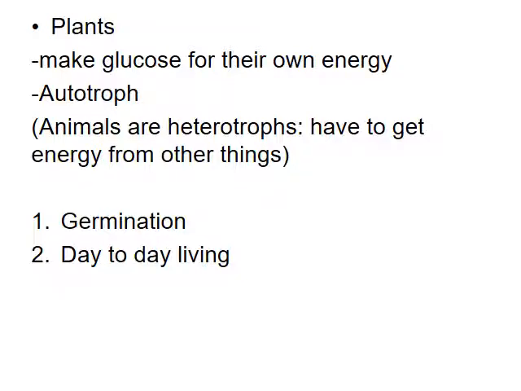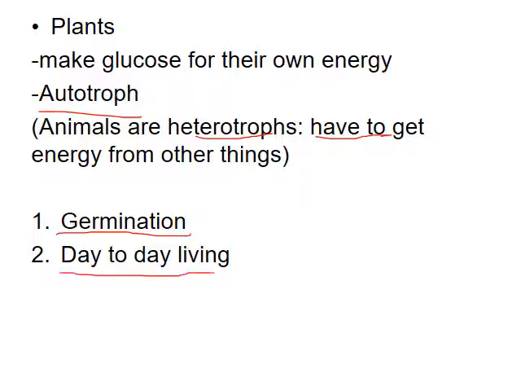Plants make glucose for their own energy, so they're called autotrophs. Animals, by the way, are called heterotrophs. That means they don't make their own energy; they have to get their energy from other places. Why do plants make glucose? Well, they don't make glucose for us. They make it for germination, so that their seeds can grow.